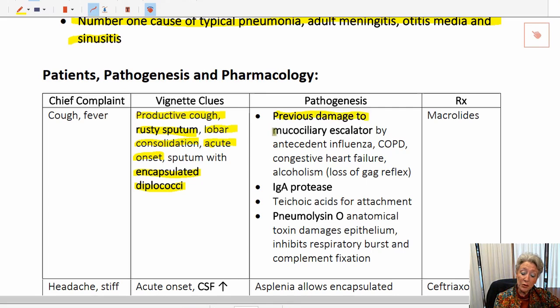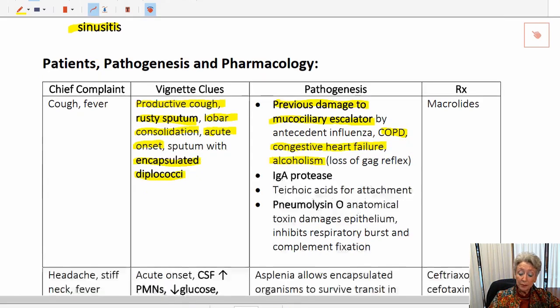Any sort of damage to the mucociliary escalator previously is going to put you at risk for this. So antecedent influenza, COPD, congestive heart failure, alcoholism, all of those things impede natural cleansing mechanisms out of the lung, either from the respiratory or from the circulatory side.